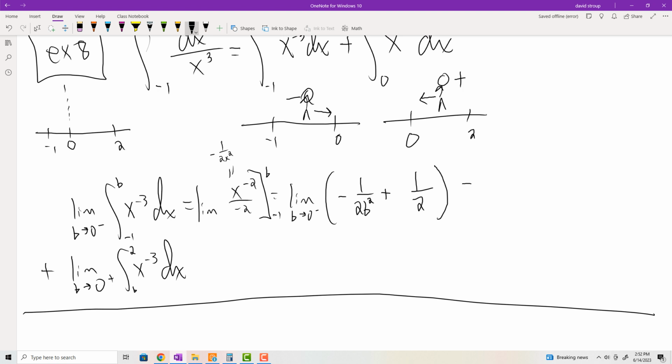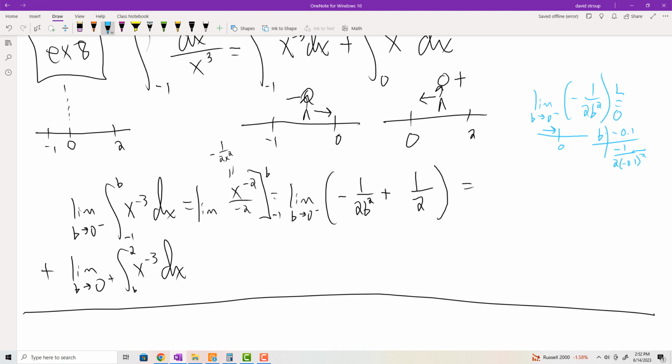Okay. Then if I put in a 0, that first limit looks like it's going to go to infinity, right? So you have the limit as b goes to 0 from the left of negative 1 over 2b squared. And of course, that type is L over 0. And if you're approaching 0 from the left, your input values are going to be values like negative 0.1. So you have negative 1 all over 2 times negative 0.1 squared.